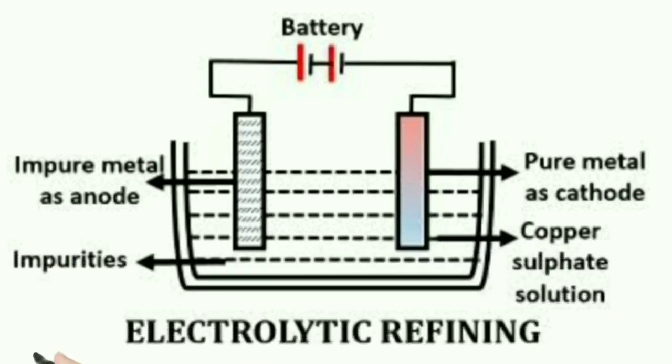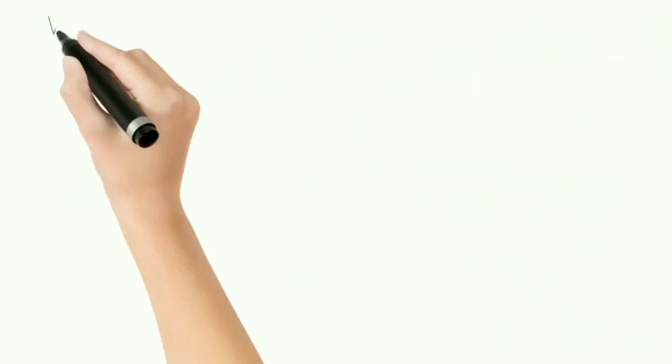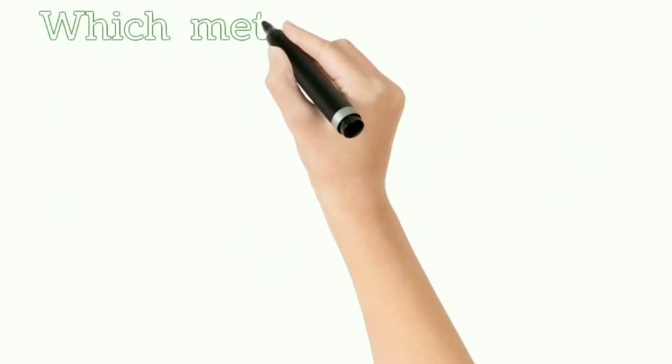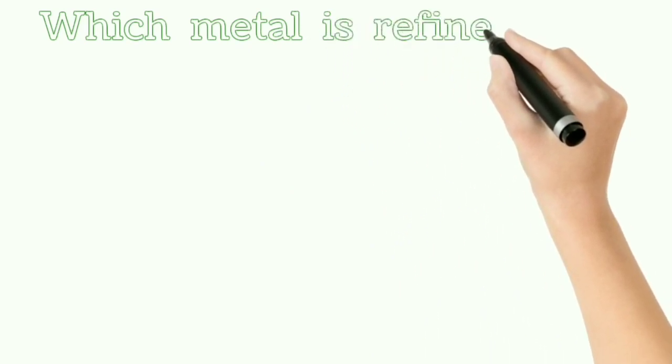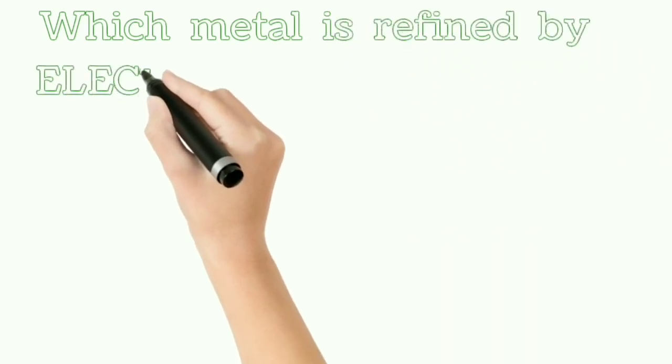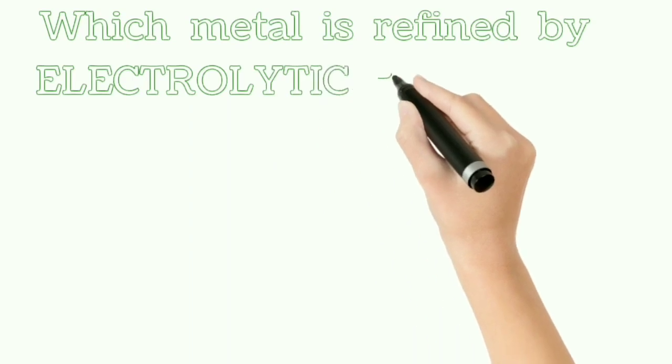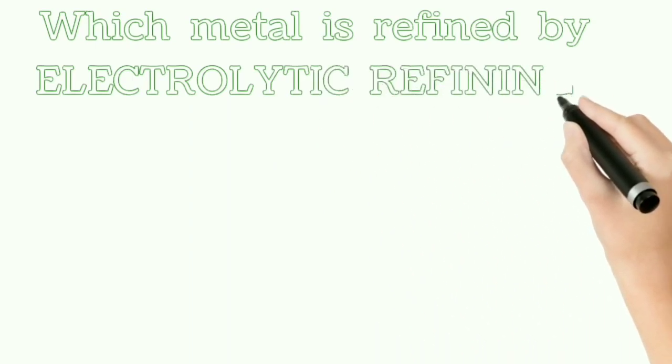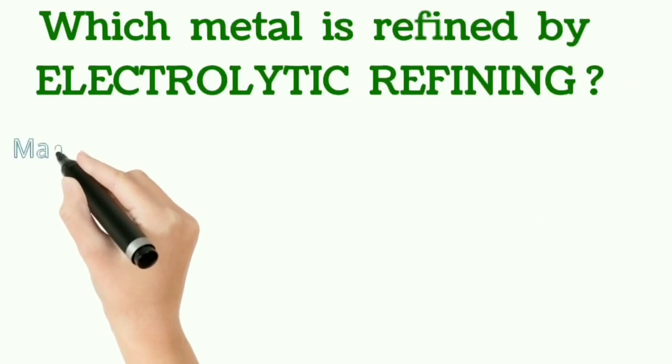Now what we are looking at here is the apparatus for the electrolytic, that is the electrolytic cell. Okay, so impure metal is taken as anode and pure metal is taken as cathode and impurities are separated out from the crude metal.